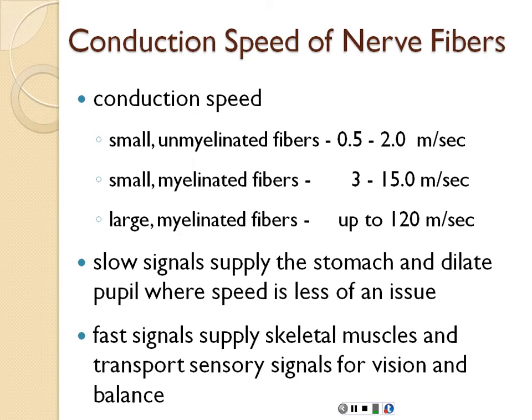If you have one that is small but myelinated, it's a little bit faster. That would be 15 meters per second. So that would be like laying out 15 meter sticks, and the signal can get from the beginning to the end in 1 second. 15 meter sticks. And look at this one. Amazingly fast.